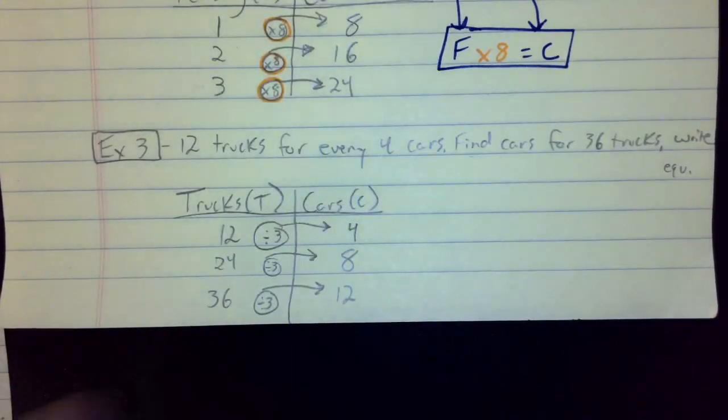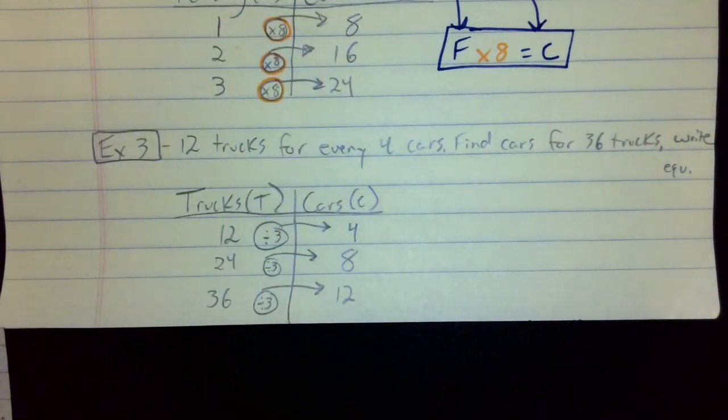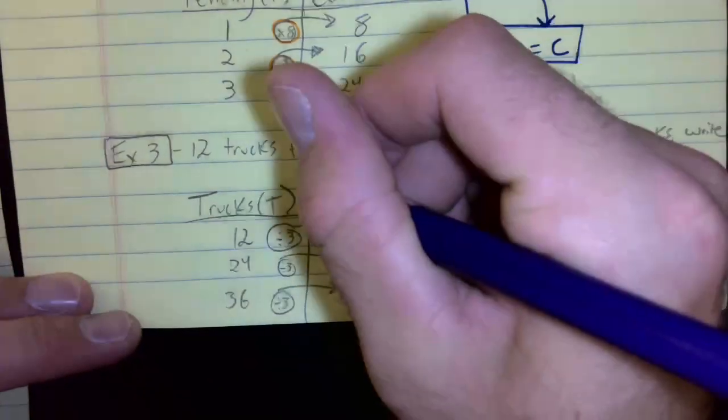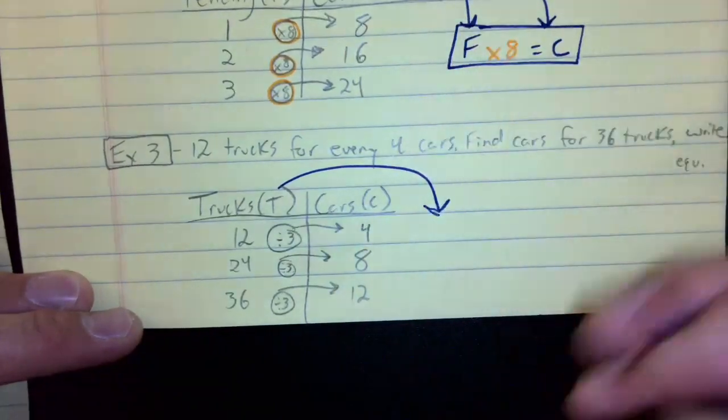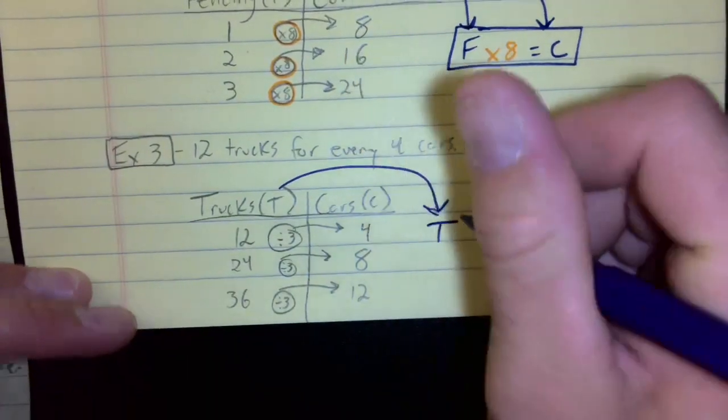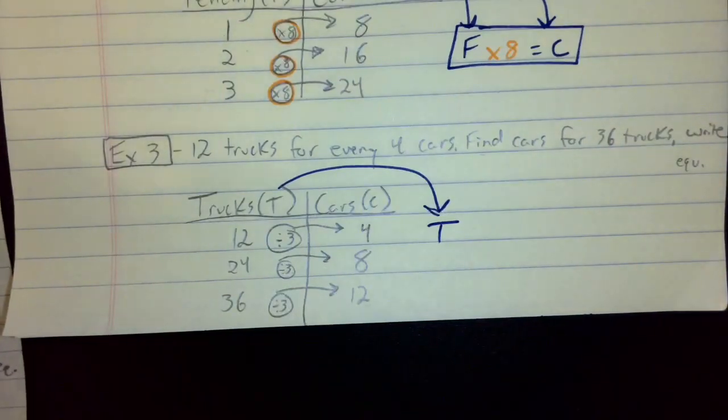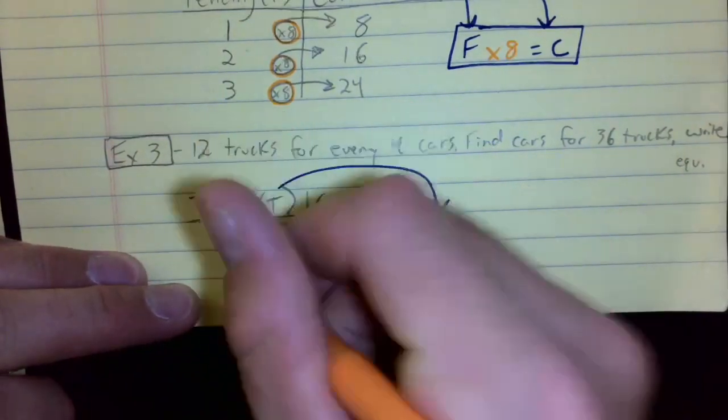So, step 3 says, write equation using variables. Well, what are your variables? Well, right here is T. And then what did we divide by? Well, we divided by 3.